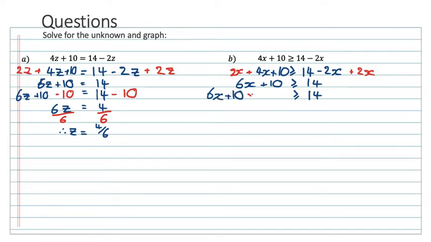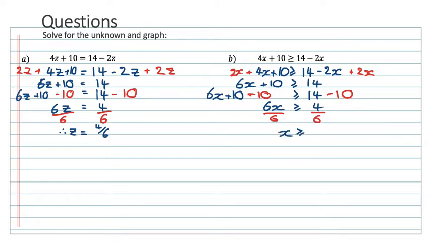Then we're going to take 10 from both sides, much like I did in the equation here. That will be 4. And then positive 10 plus negative 10, that is nothing. So I'm left with 6x is greater than or equal to 4. And to get rid of this coefficient of 6, I'll simply divide both sides of the inequality by 6.